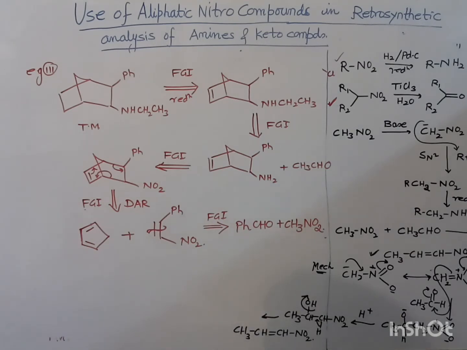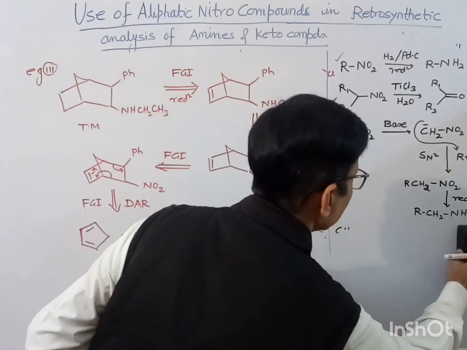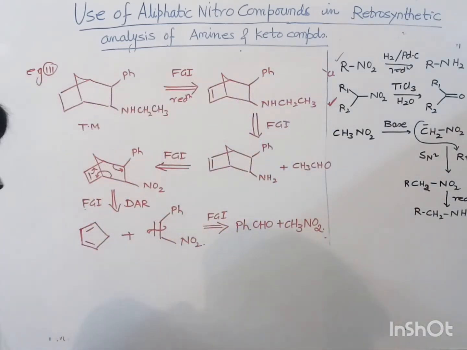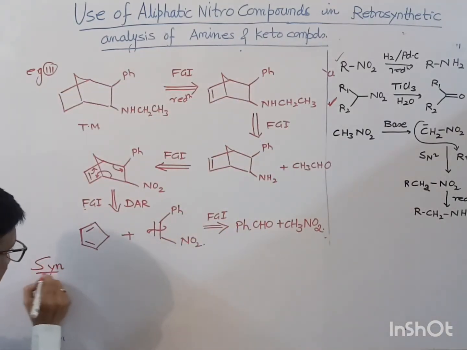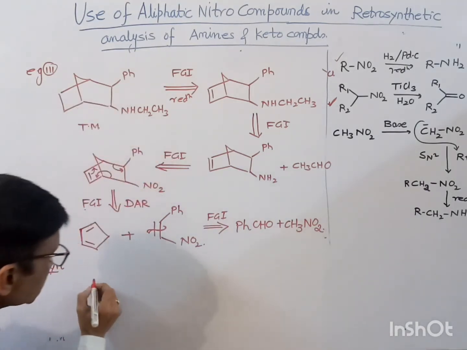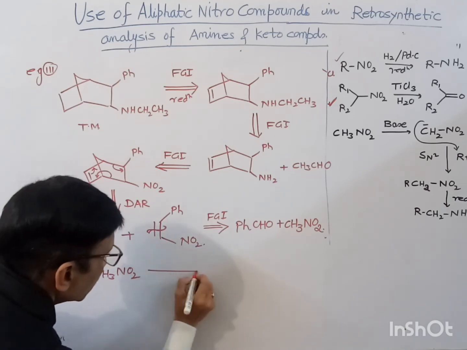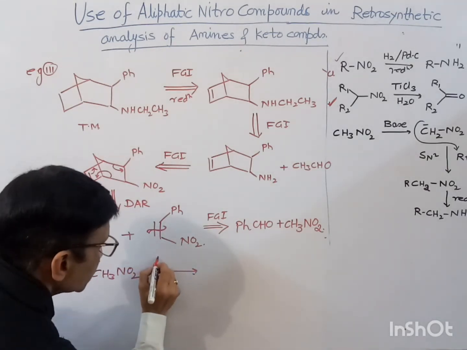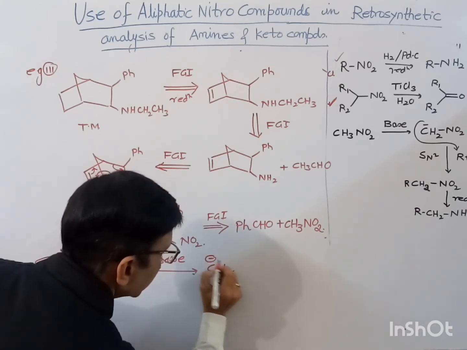So if I write the synthesis of this, then you can see the synthesis. If I write the synthesis, first of all, I have this nitro compound, and in presence of base it will generate a nucleophile.